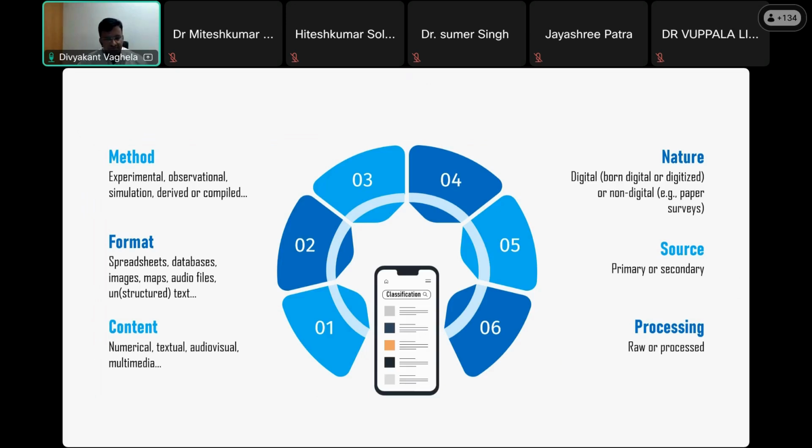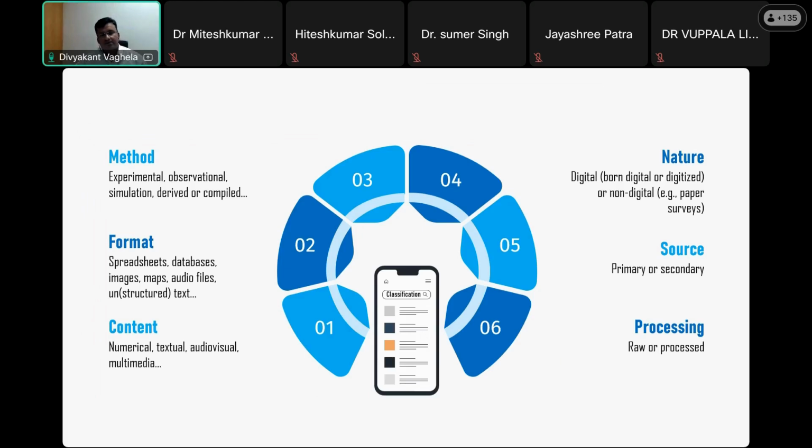The content can be numerical, textual, audiovisual, or images. Then the type of research data may be digital or non-digital, like paper surveys. Source may be primary or secondary, and as I told you, raw or processed data.